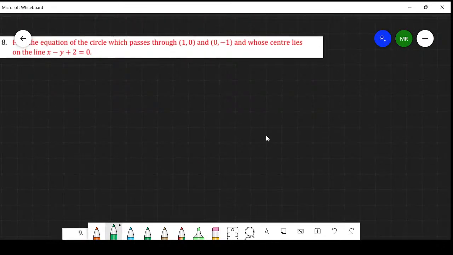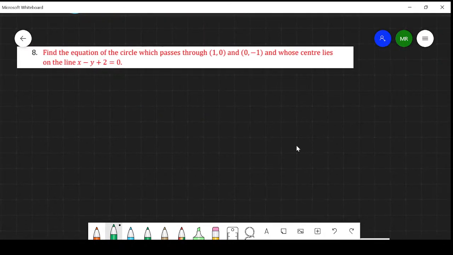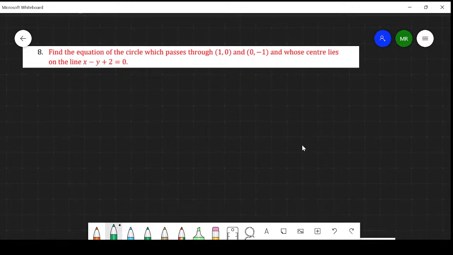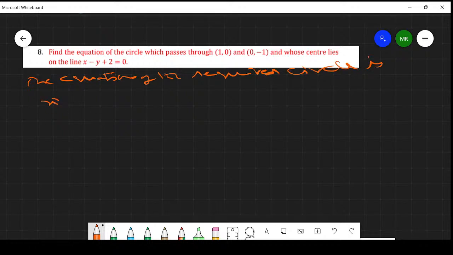Now, when I am doing this one: find the equation of the circle which passes through (1, 0) and (0, minus 1), whose center lies on the line x minus y plus 2 equal to 0. You can write the equation of the required circle as x square plus y square plus 2gx plus 2fy plus c equal to 0.